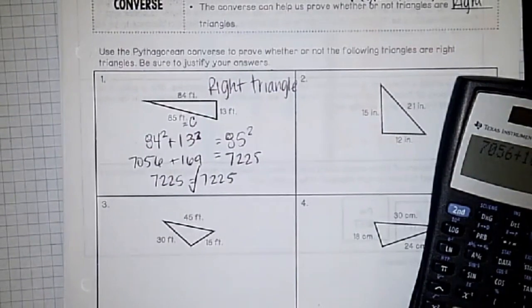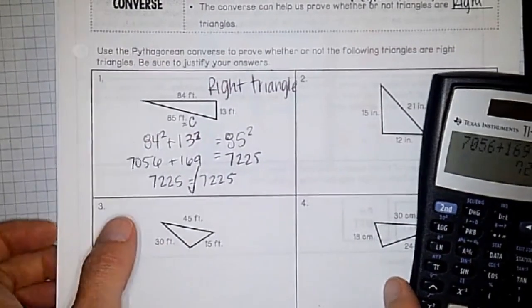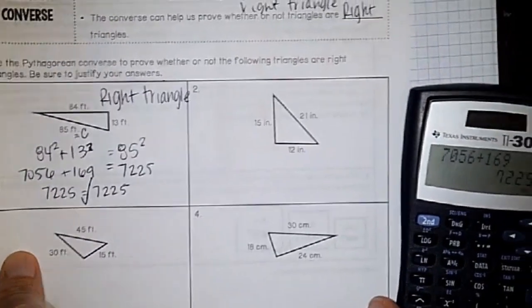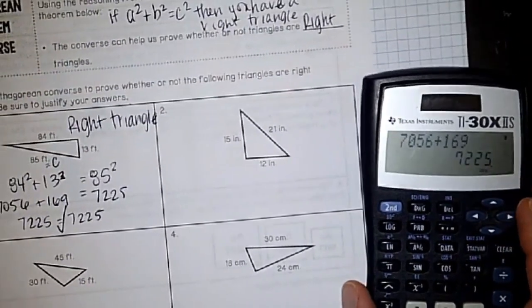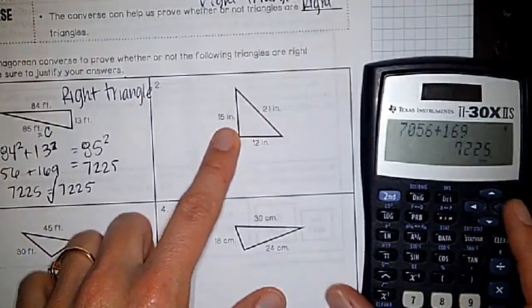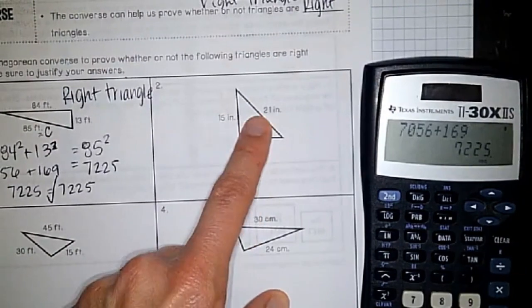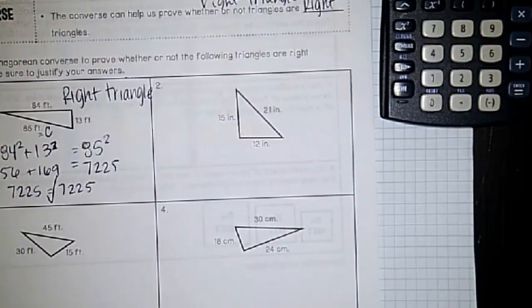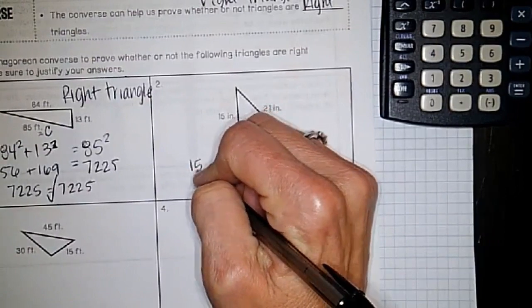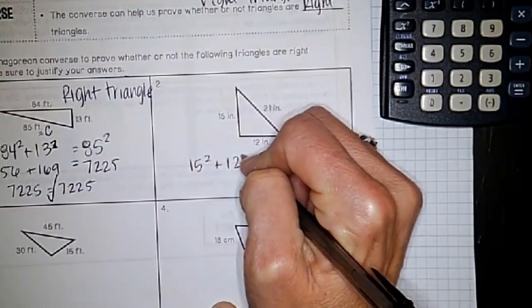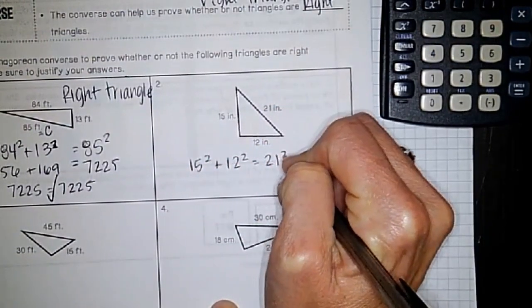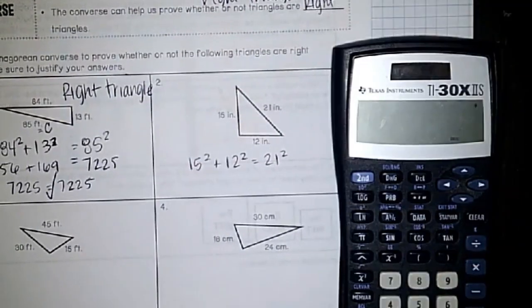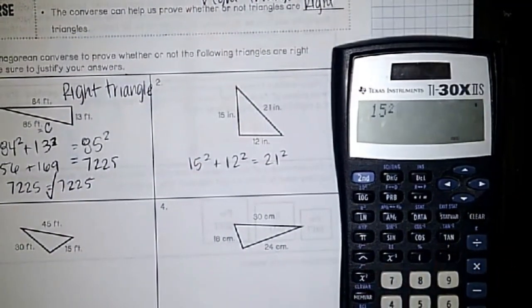Okay, let's look at the next one. We have 15 inches, 12 inches, and 21 inches. We want to know if it is a right triangle. So what do we need to set up? How would we set up the problem? Okay, let's do our math. What's 15 squared, guys? 225. What's 12 squared?